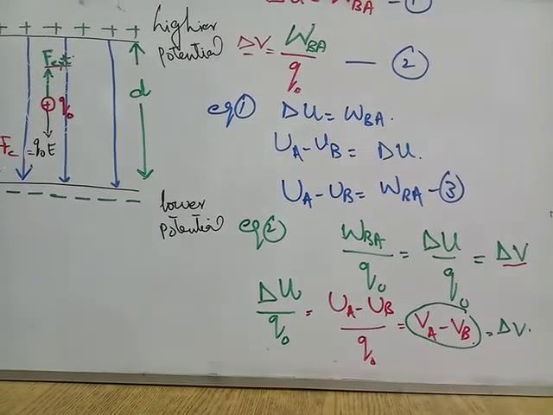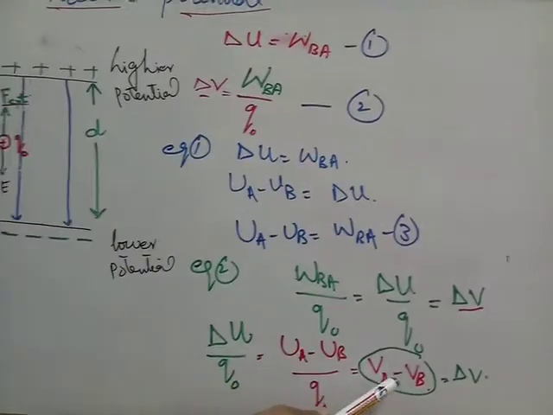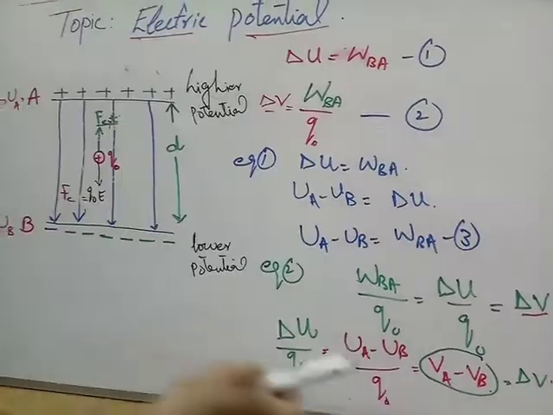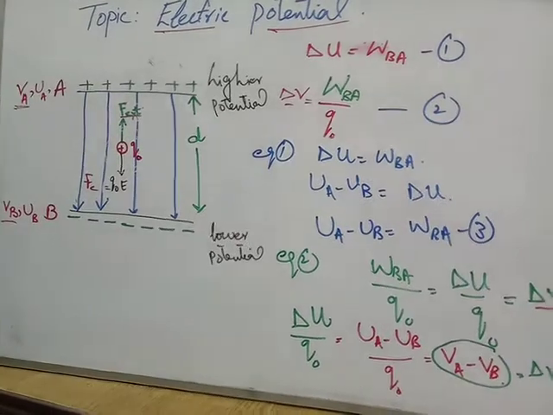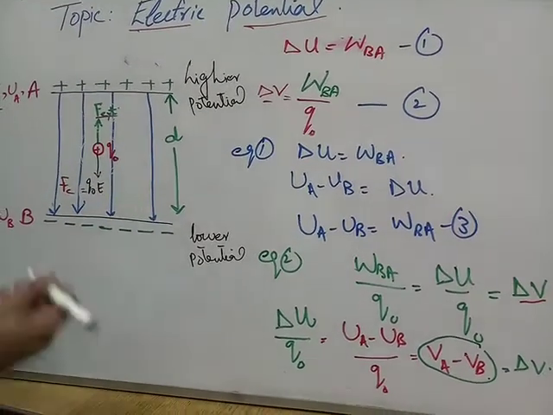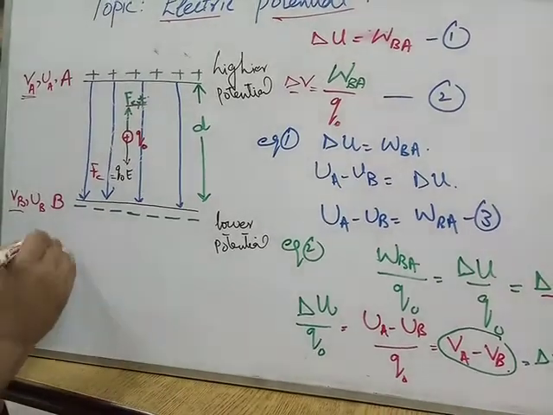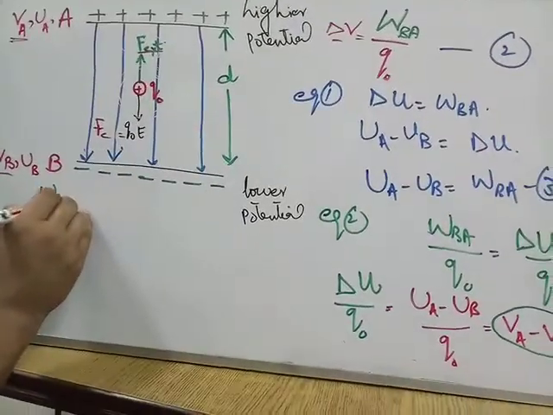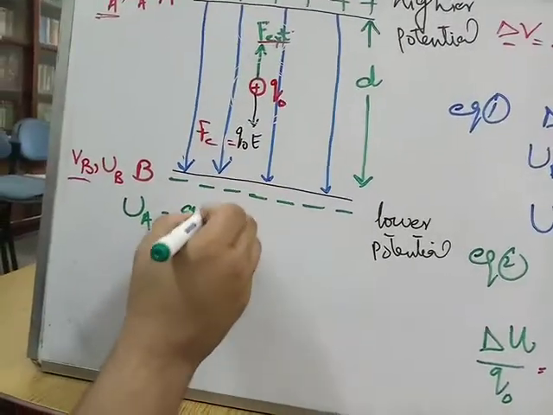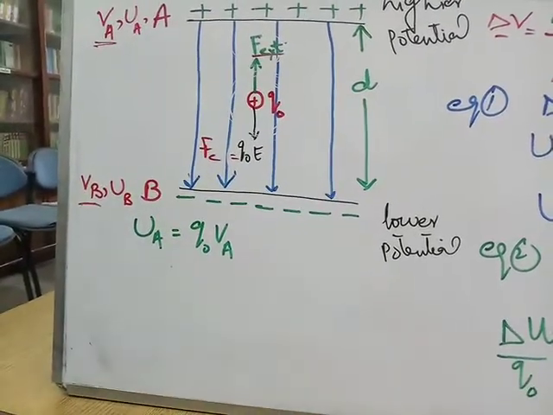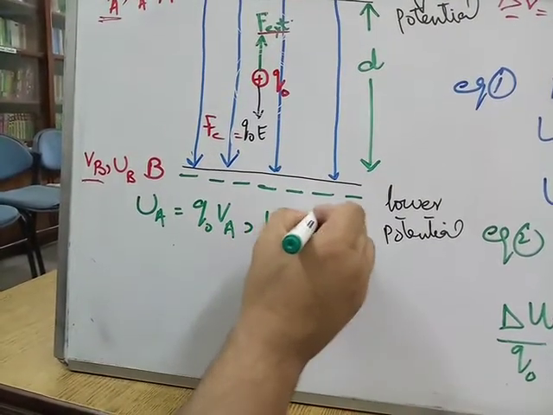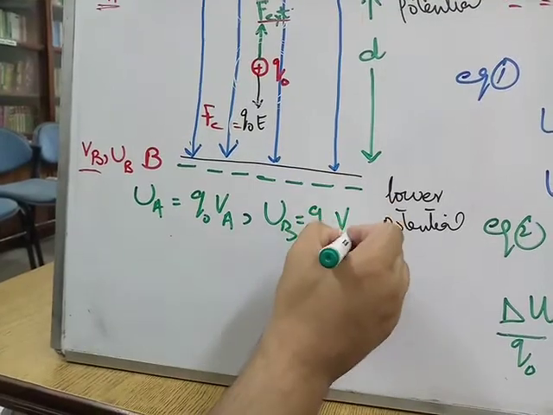Here VA is the higher potential and VB is the lower potential. So they define different equations. I can start from here: at UA we can write Q naught VA, and at UB we can say Q naught VB.